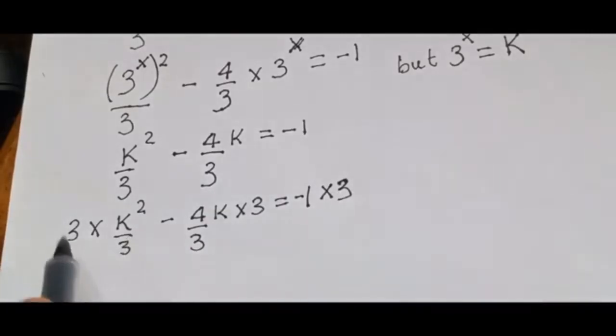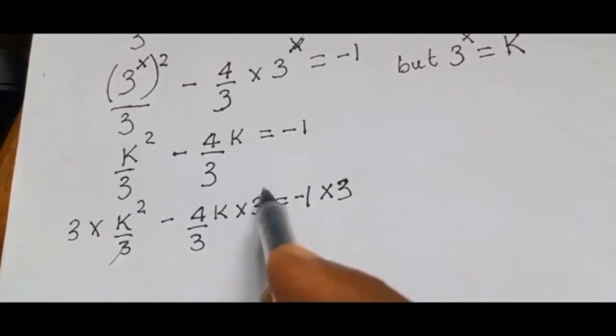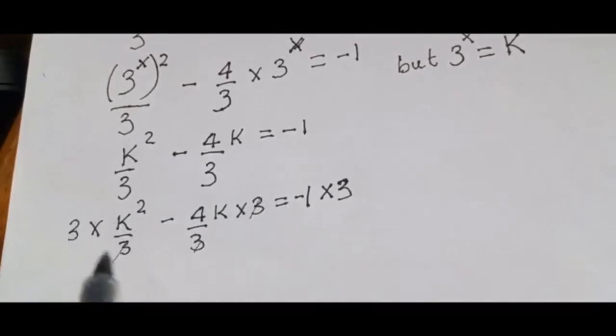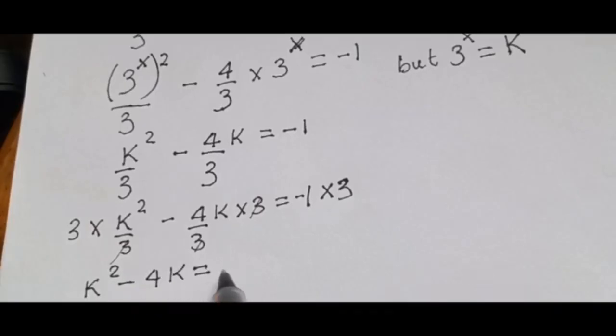So here, this 3 cancels this one, this 3 cancels this one. The same, this 3 cancels this one. Here we remain with k squared minus 4k equals -3.